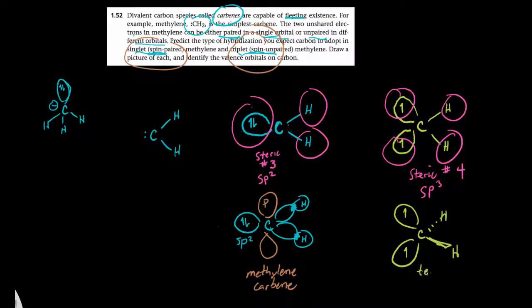So this is tetrahedral. Whereas this is trigonal planar. The one on the left, the singlet spin paired carbene, is trigonal planar. So that's the 2 forms of carbene.